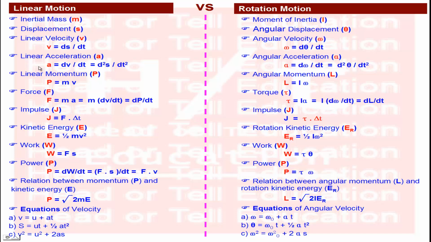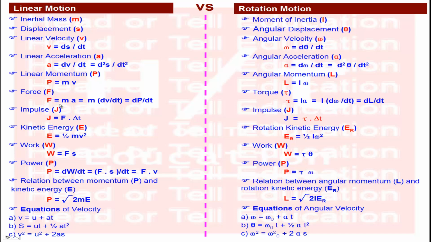Linear acceleration is a equals dv by dt or d square s by dt square. Similarly, in rotation, the angular acceleration is alpha equals d omega by dt equals d square theta by dt square. On the linear side, the linear momentum is p equals mv, and on the rotation side, the angular momentum is L equals I omega.